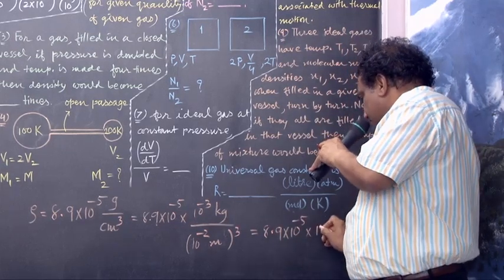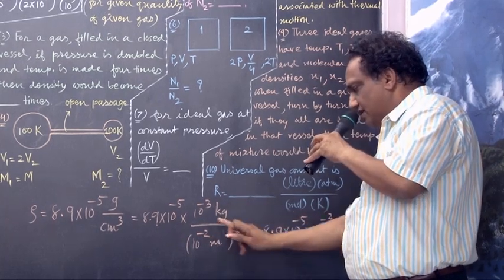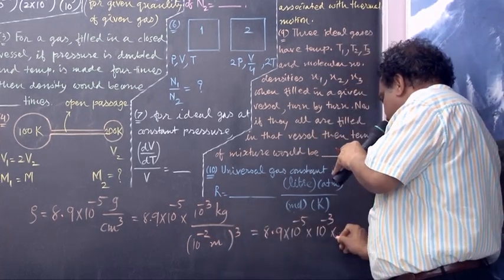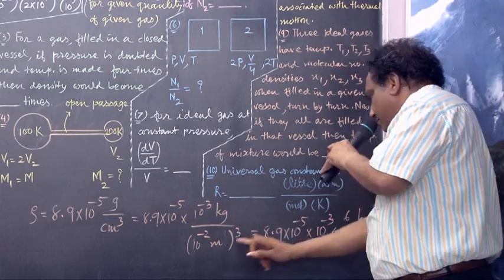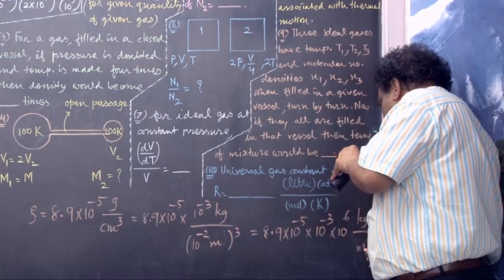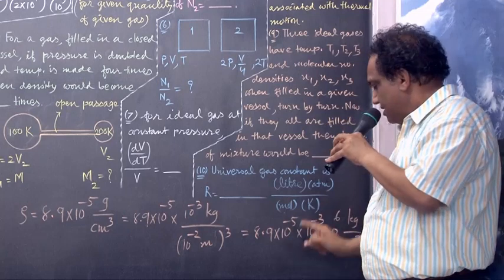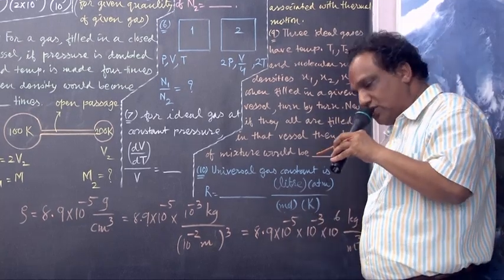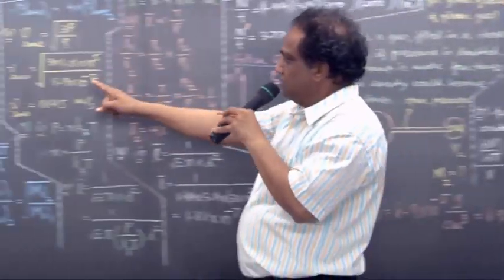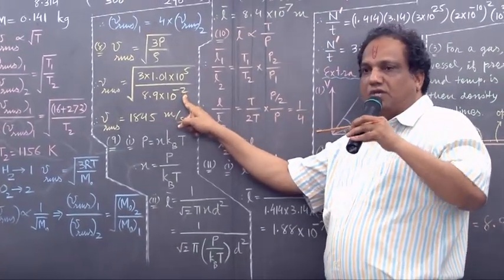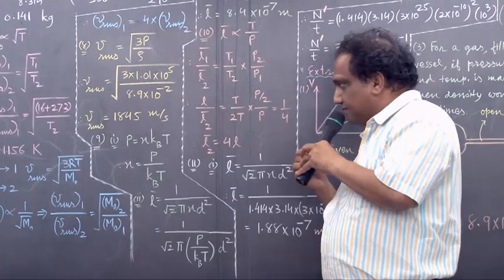So 10 raised to minus 3 as it is, and 10 raised to plus 6, in kilogram upon meter cube. Come on, 6 minus 3 is 3, 3 minus 5 is minus 2. 8.9 into 10 raised to minus 2 kilogram per meter cube.